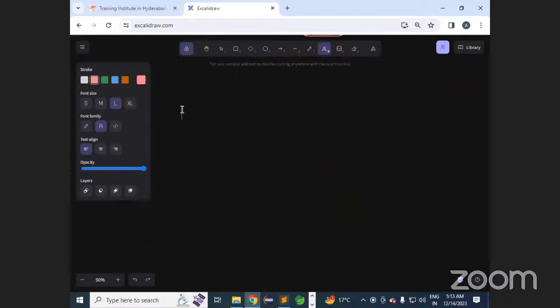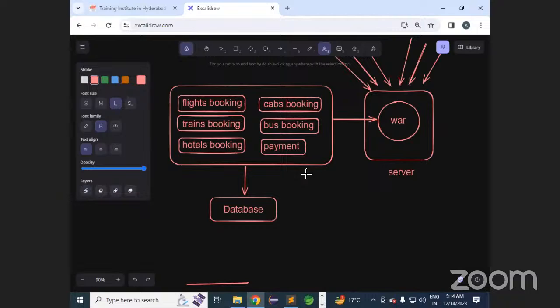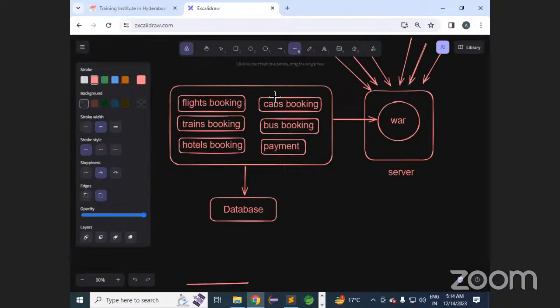So burden on the server is the first problem. What is the first problem, guys? Burden on the server. Then the second problem is single point of failure. What is the meaning of single point of failure? If there is a small problem in one functionality, the entire application will be down.